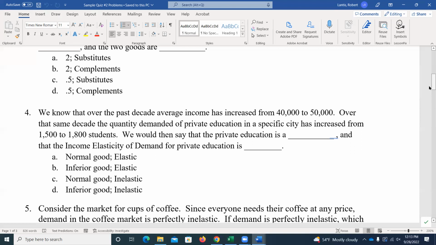The lowest our elasticity could ever be, technically, is 0, which would represent what? Remember, this is a measure of responsiveness. So if the price is changing, and I'm getting that the responsiveness of demand is 0, I would say that demand is perfectly, the price changed. People didn't change how much they're buying, so we would say they're perfectly inelastic. So that might be a good way to remember.